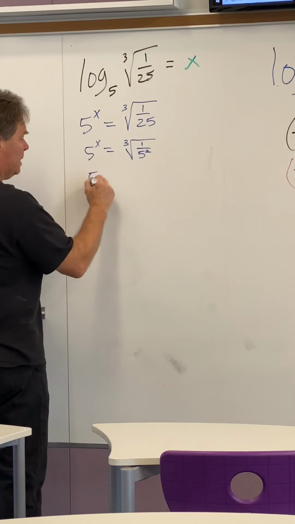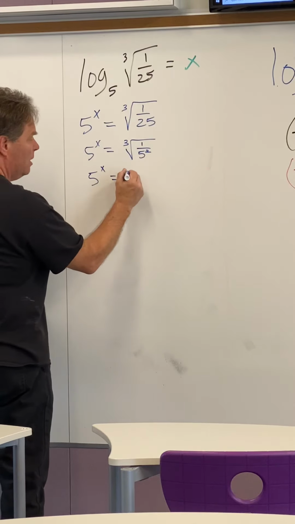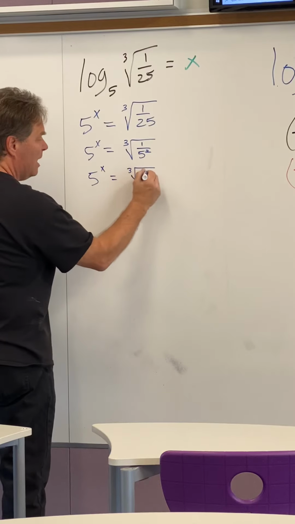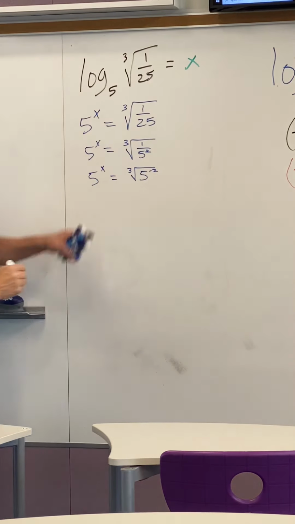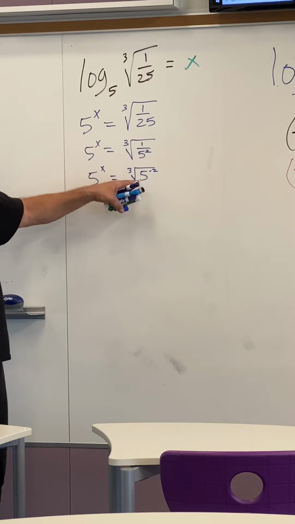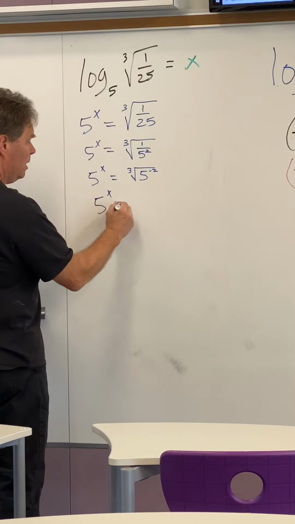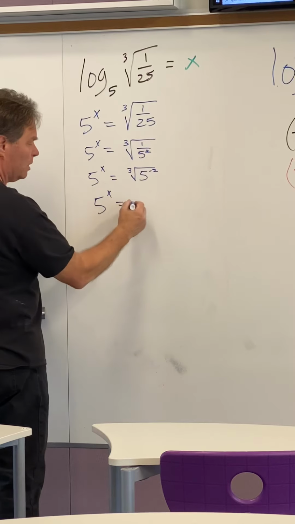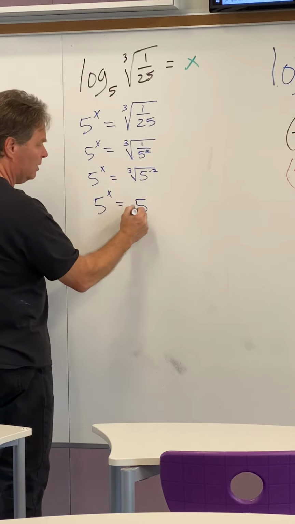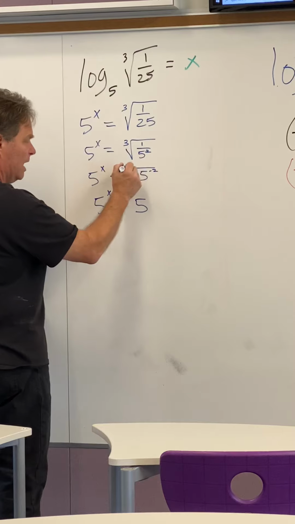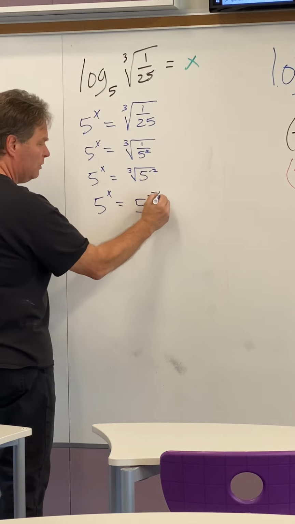But then that becomes 5 to the x is cube root of 5 to the -2. I just made 1/5 squared into 5 to the -2 power. And if you remember, how do roots and exponents work in fractional exponents? They go like this, 5 to the power divided by root. So 5 to the -2/3 power.